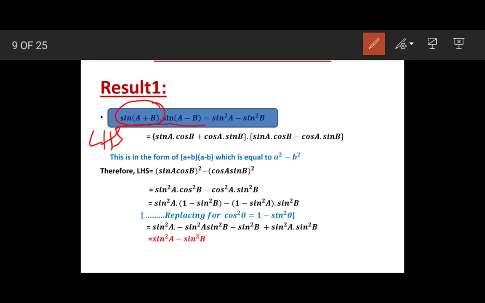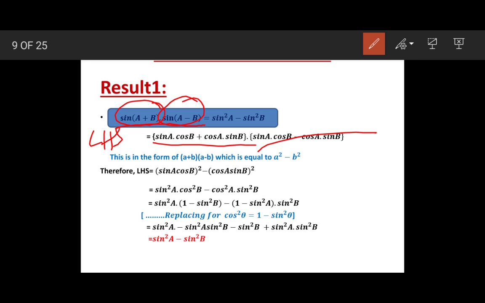So sin(a plus b) is sin a cos b plus cos a sin b, right? Sin cos plus cos sin. So sin a cos b plus cos a sin b into, then apply the sin(a minus b) formula. So sin(a minus b) is sin a cos b minus cos a sin b.